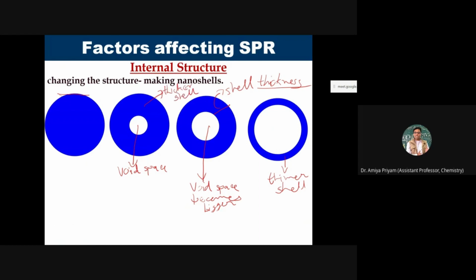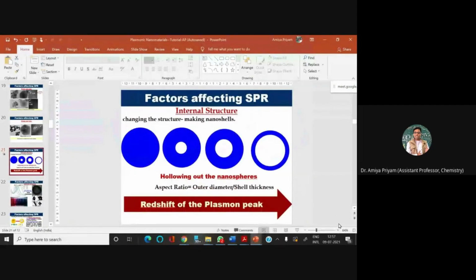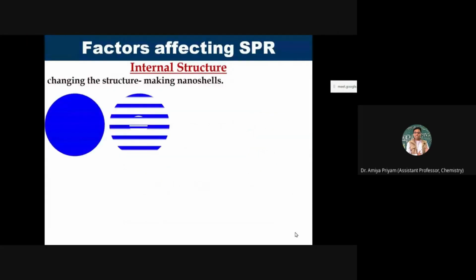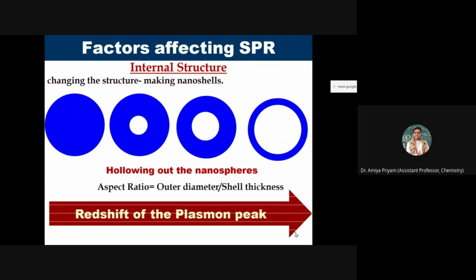Now when you make it hollow, as I told you, the hollowing out of the nanosphere changes the aspect ratio, outer diameter to shell thickness. This is the ratio that is important.